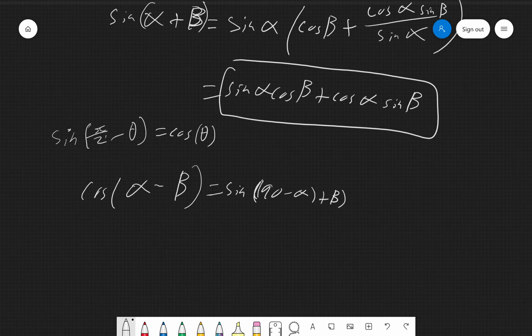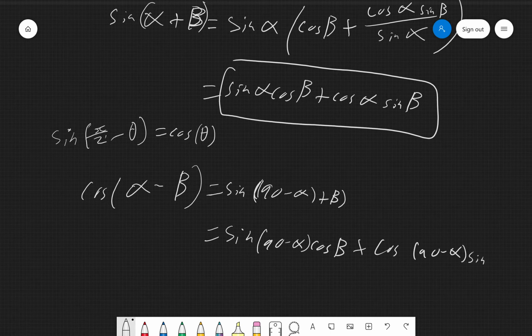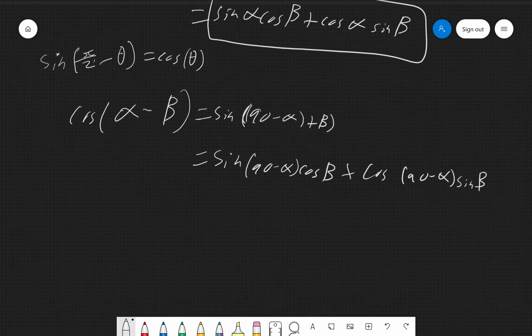So now we can use the sine of the sum angle again, and we're going to get that it's equal to the sine of 90 minus alpha times the cosine of beta plus the cosine of 90 minus alpha times the sine of beta. Actually, pi over 2, guys, no 90s here.